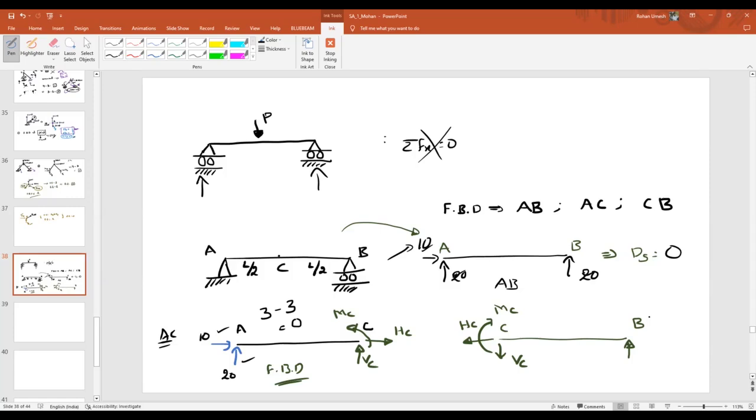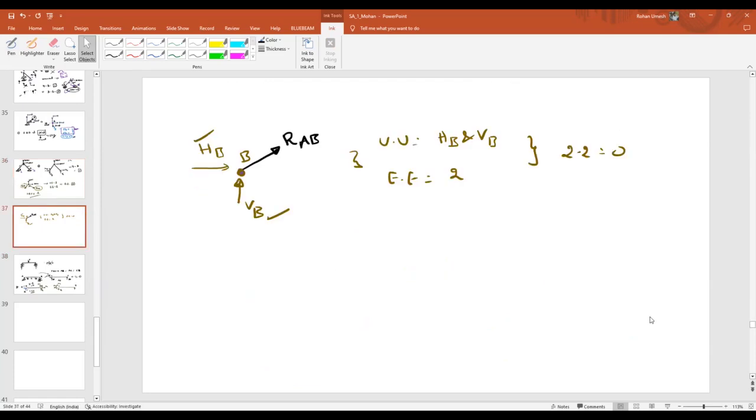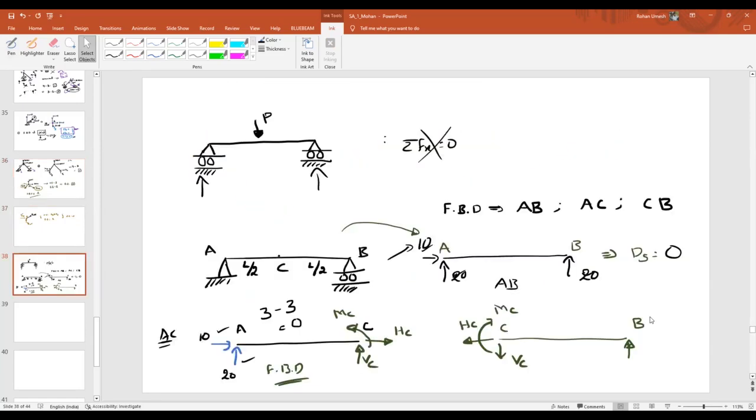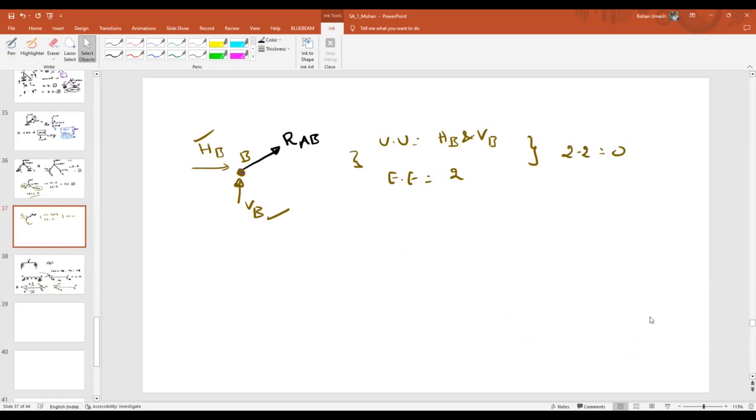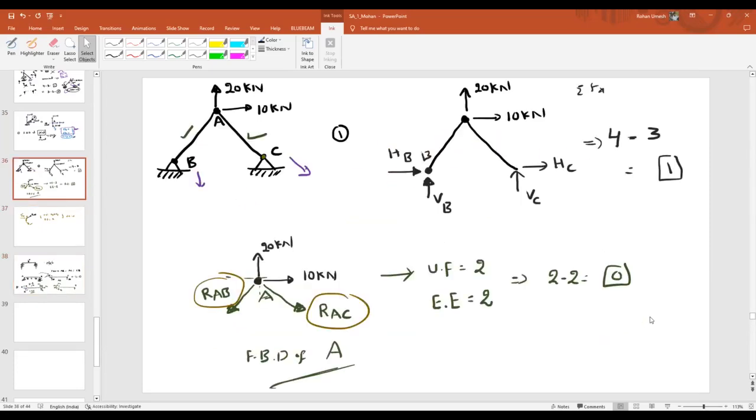What is the major difference between this beam problem and this truss problem? No, it's not about moment, it's not about incline.